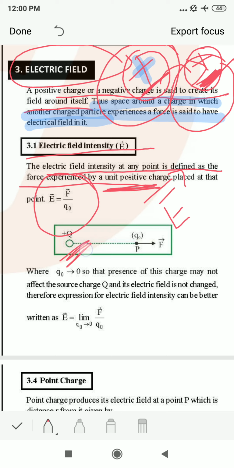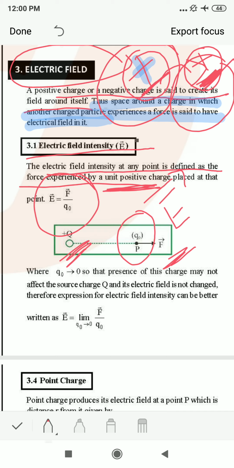For example, this plus Q is a source charge and we have placed a Q naught charge here, so this charge Q naught will experience a force as you can see in the diagram. So electric field intensity at any point is the force experienced by the charge placed at that point.